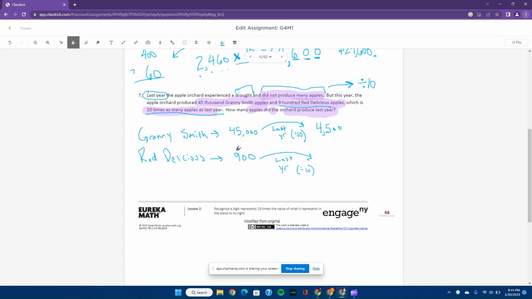So again, all that happens is these digits move to the next smallest place value. 9 in the hundreds becomes a 9 in the tens, and we need a 0 there as our placeholder in our ones. So how many apples did the orchard produce last year? We produced 4,500 Granny Smith apples and 900 Red Delicious apples during the bad year.